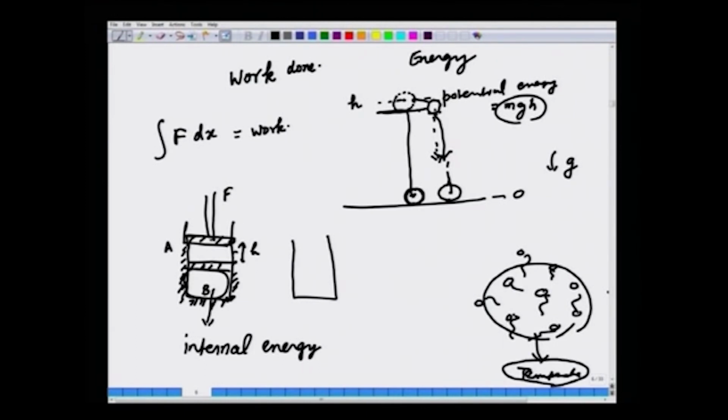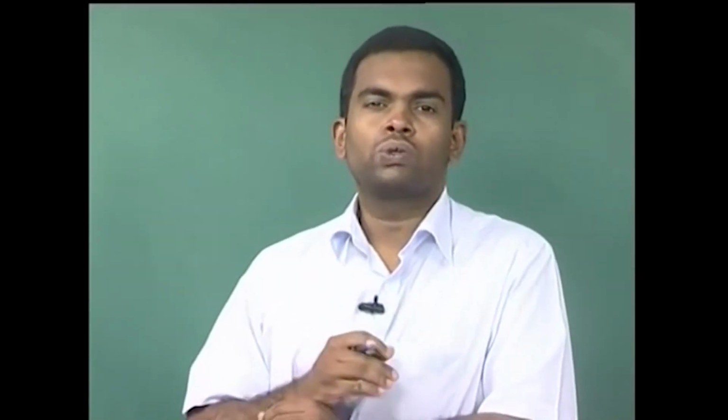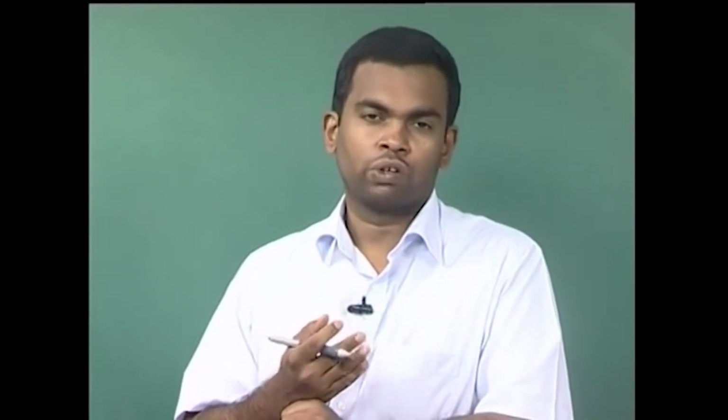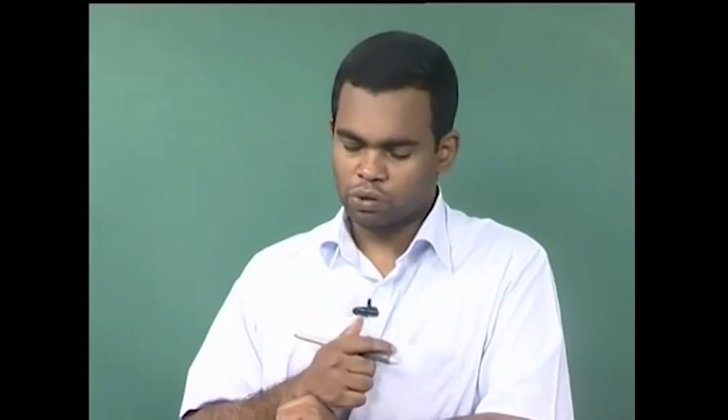So, essentially by compressing a gas and completely insulating the container while you compress, all you have done is to increase the internal energy. The work that you have done has gone on to increase the internal energy of the gas, which manifests as an increase in temperature of the gas, because the temperature is directly related to the translational kinetic energy of molecules.